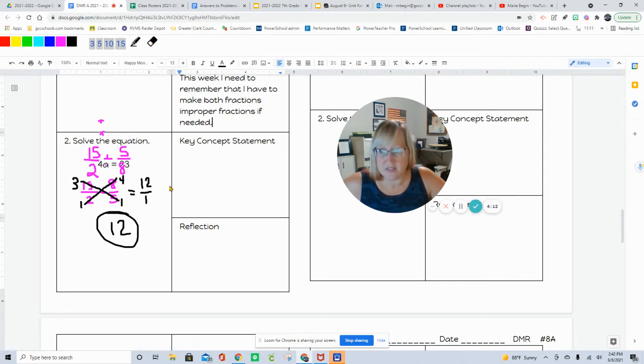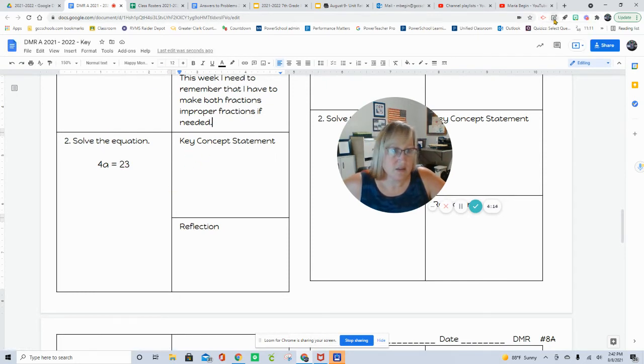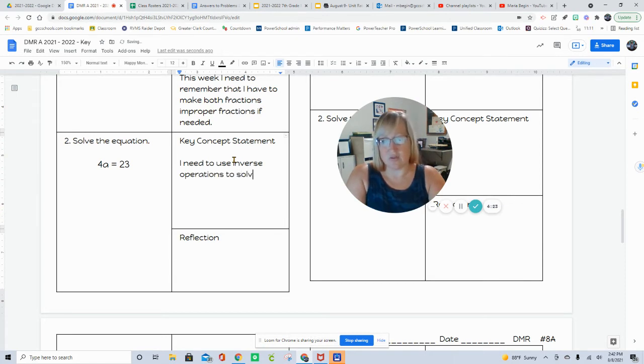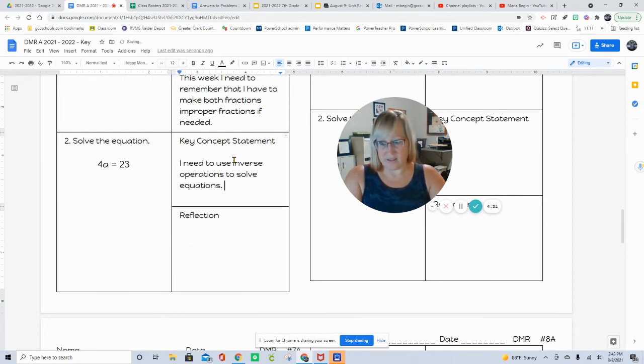Our key concept is, I need to use inverse operations to solve equations. I need to remember that the word equation means that it has an equal sign in it. I know that inverse means opposite operations.